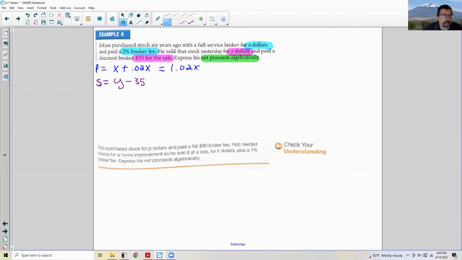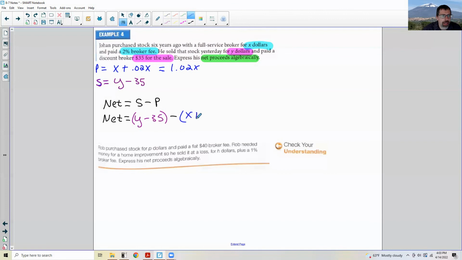Okay, so now net proceeds. So the net proceeds, I'll just write net for now, is going to equal what you sold it for minus what you paid for. So the net proceeds is going to equal what you sold it for, Y minus 35. And then you're going to subtract what you paid for it. And that's either X plus 0.02X or 1.02X.